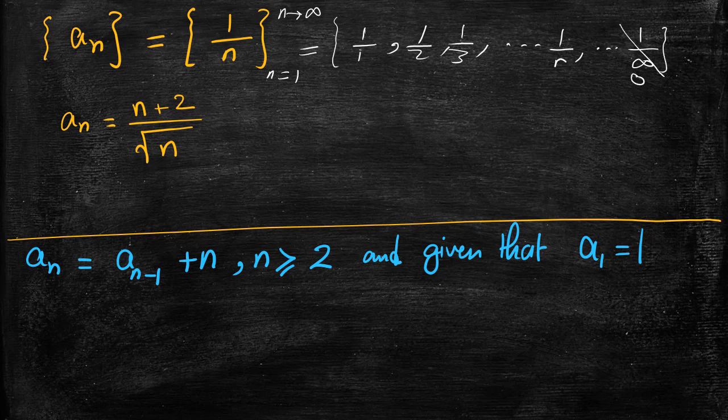Another one, we can express a_n also as n plus 2 over root n, and then we know the numbers will take values from n equal to 1 up to n to infinity.